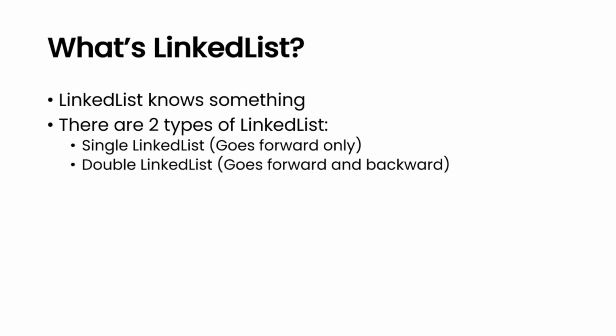A single linked list, which goes forward only, with pointers pointing in the forward direction. And we have another type of linked list, which is a double linked list, which goes forward and backward. It has a next node and a backward node, so you can go forward and go backward as well.